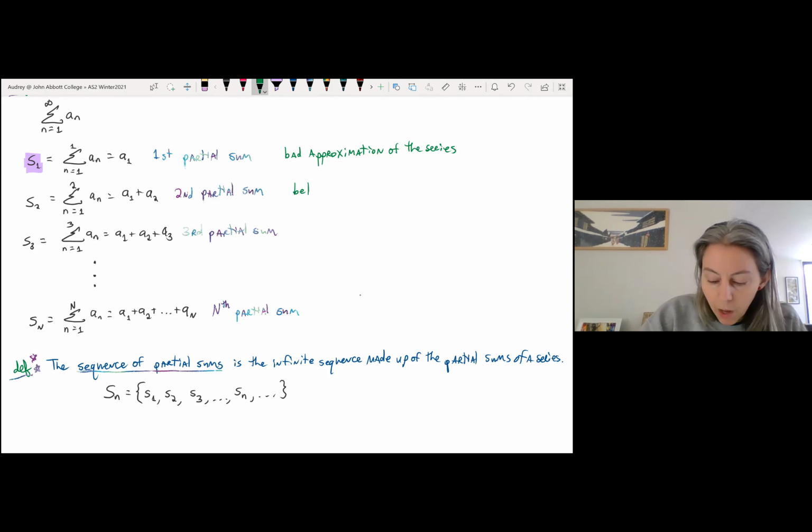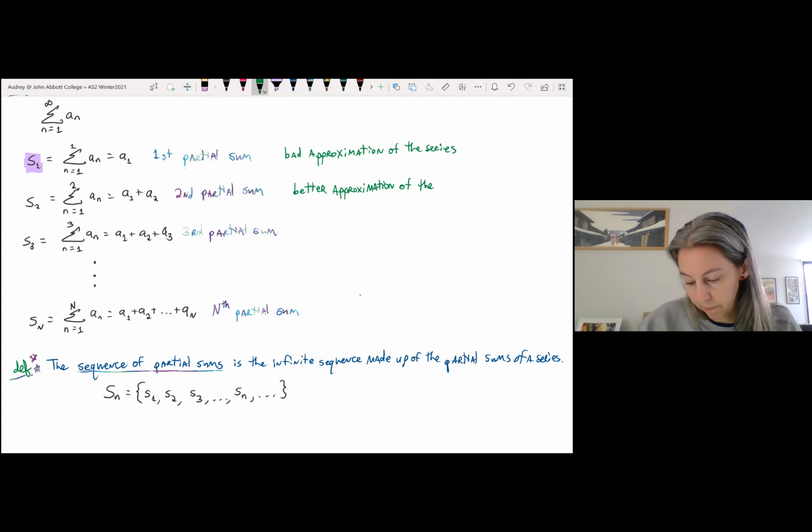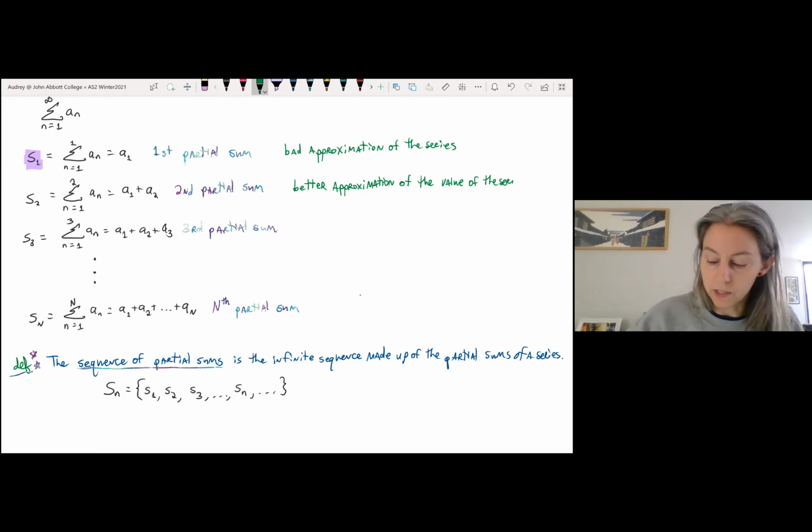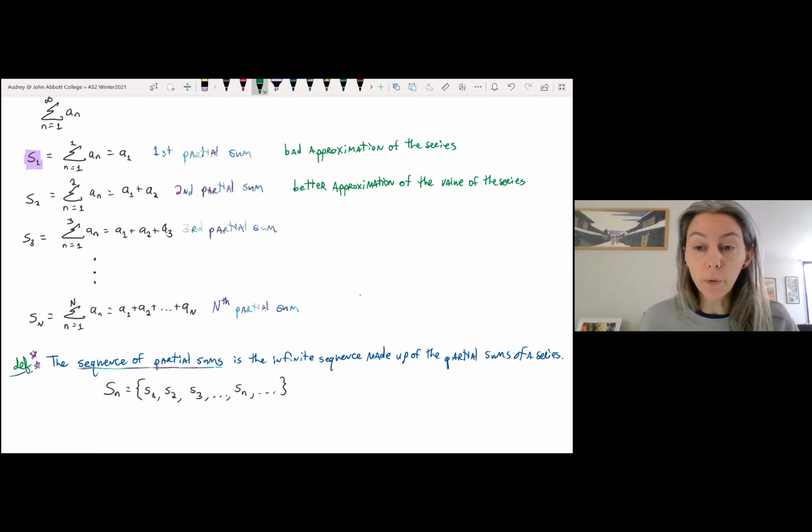But then with that said, my second partial sum, when I add another number, would still probably be a bad approximation, but it would be a better approximation of the value of the series because I've added more of the numbers in my series together. And then if I'm adding 3 of the infinite number of terms together, instead of just 2, I'm getting even closer to the actual value. So this third partial sum is yet an even better approximation of the series.